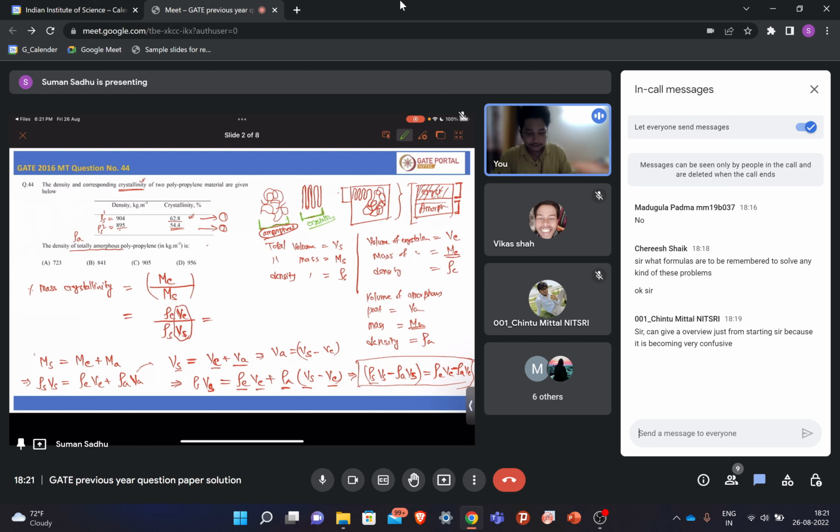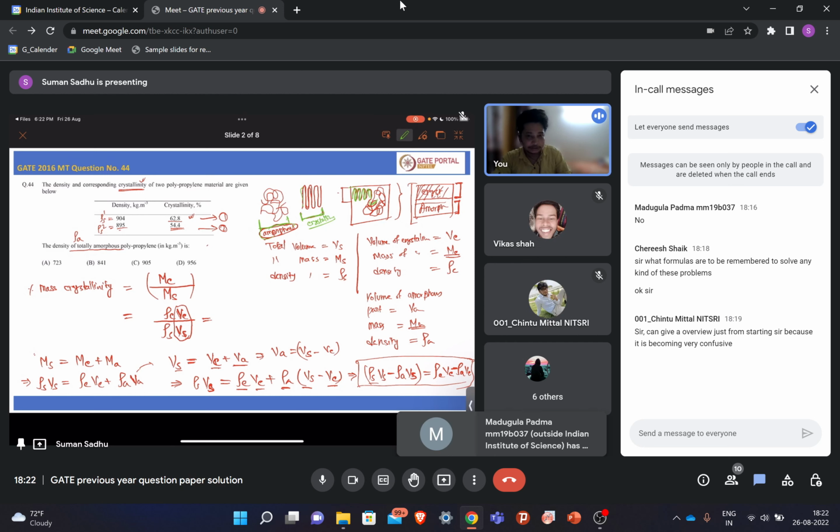So this random structure is basically amorphous, and this regular kind of arrangement is the crystalline part. Now in reality, it may happen that some part of this polymer is crystalline, and some part may be randomly oriented, so that part is amorphous.